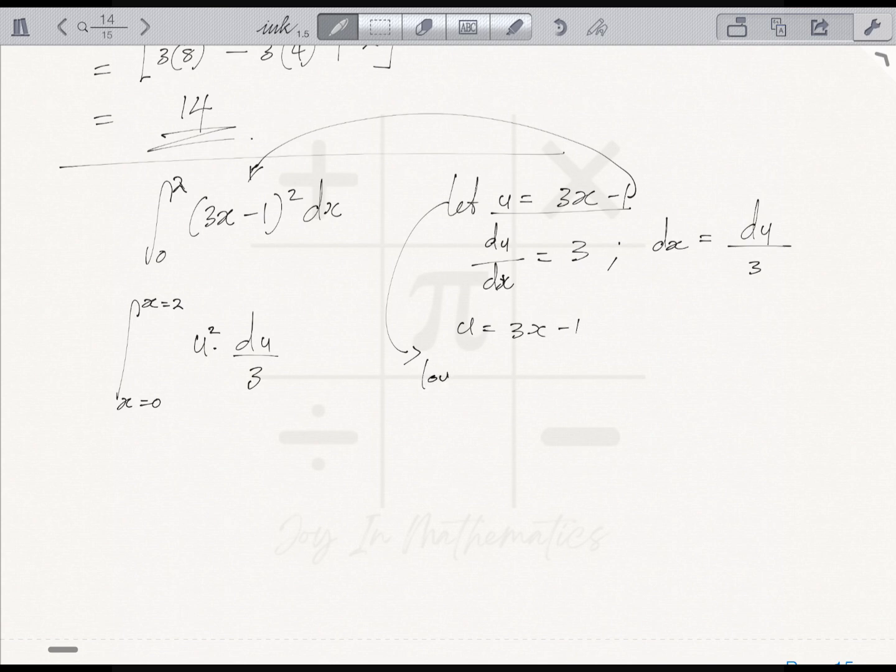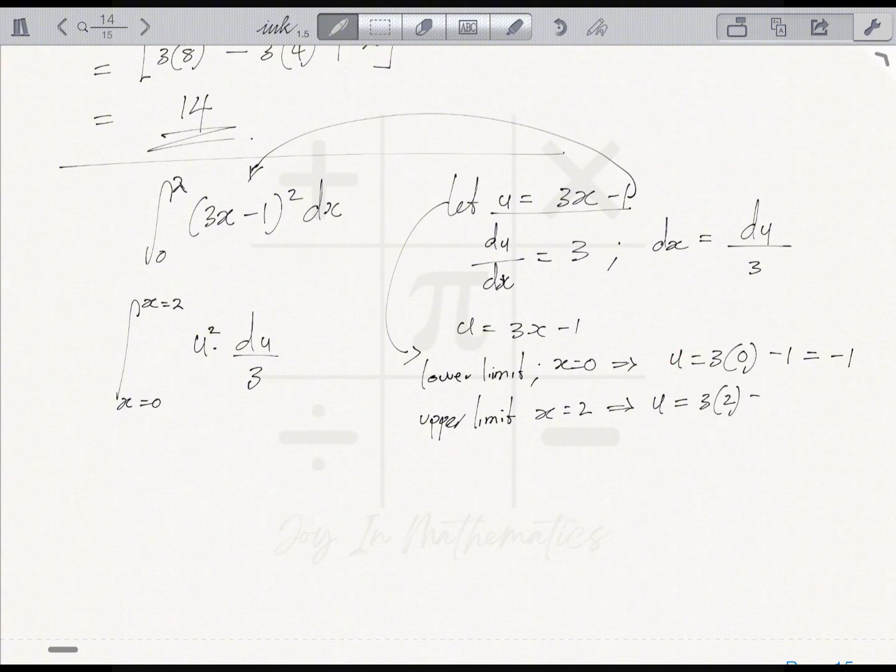So our lower limit of x equals 0 can be transformed into a lower limit of u equals 3 into 0 minus 1, which is minus 1. And our upper limit of x equals 2 can be transformed to u equals 3 into 2 minus 1, and this would give us 5.